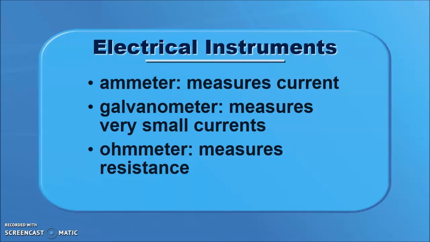An ammeter measures current. A galvanometer is a sensitive ammeter for detecting very small currents. And devices to measure current must be connected to the energized circuit in series with the current being measured.